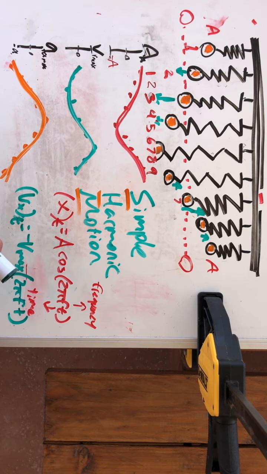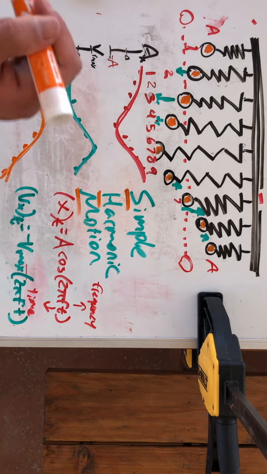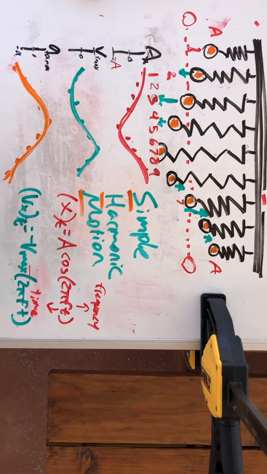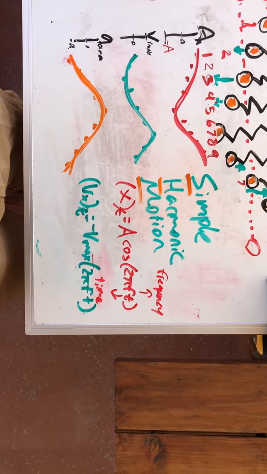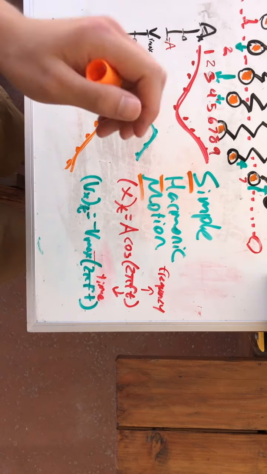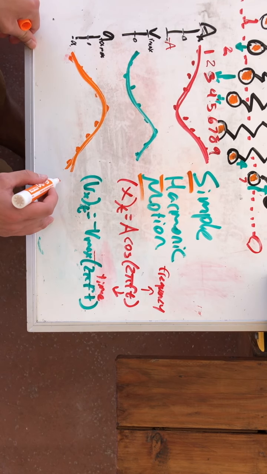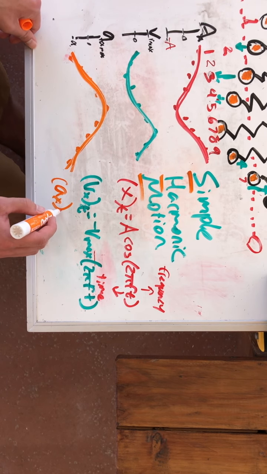Now, for acceleration, what are we going to do? Acceleration looks similar. Once again, I need to move the camera a little bit. It's not ideal, but we're going to work with that just so we can see the bottom of the board. So we're going to do a in the x-axis at a given time.